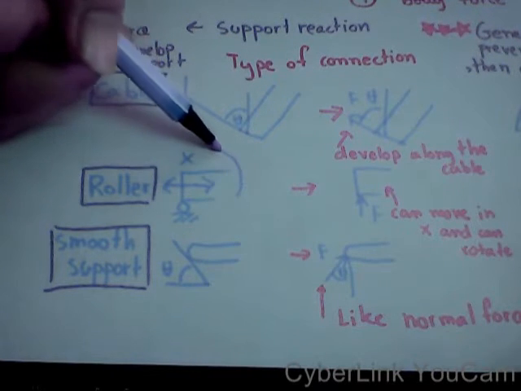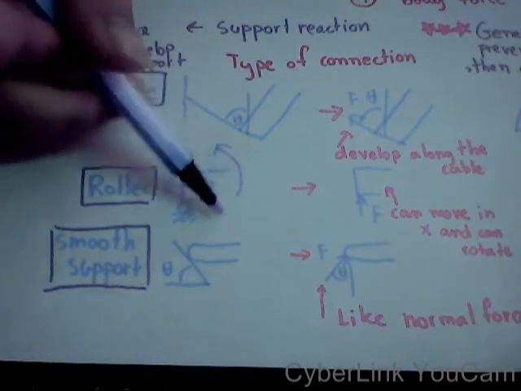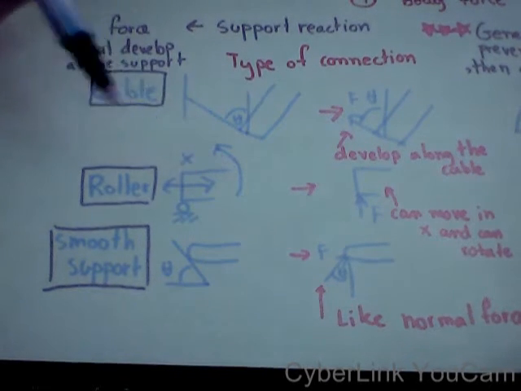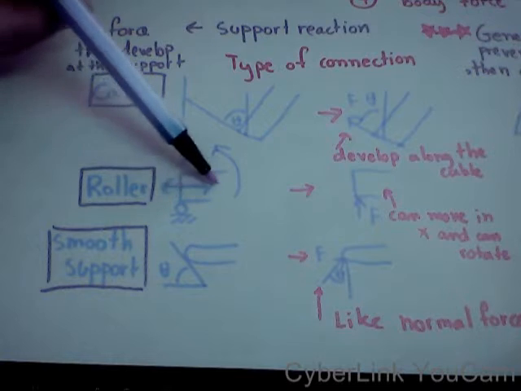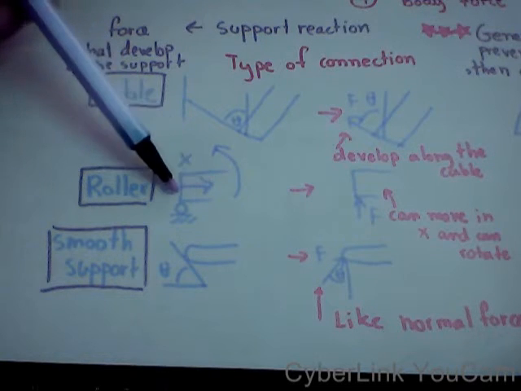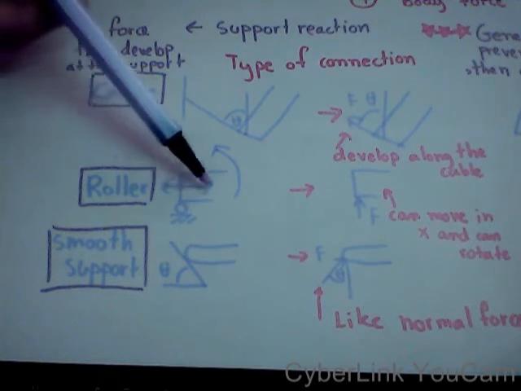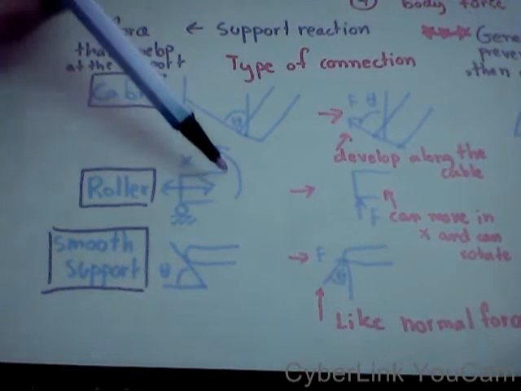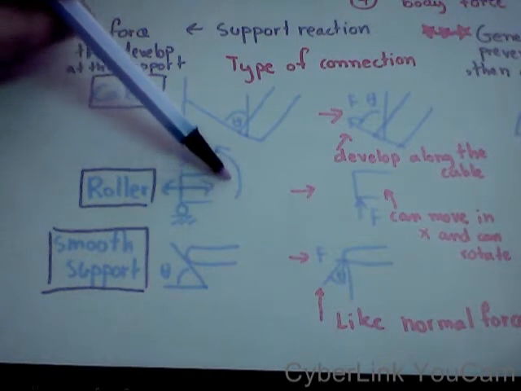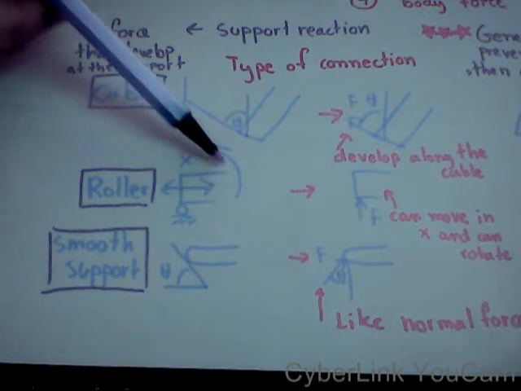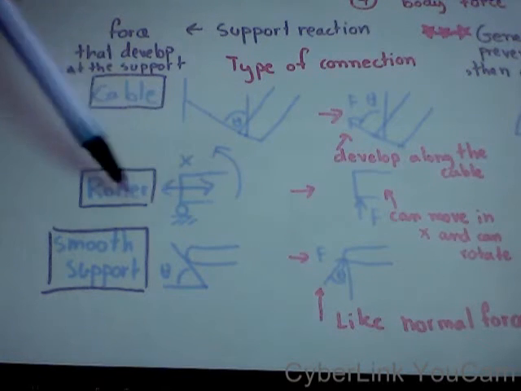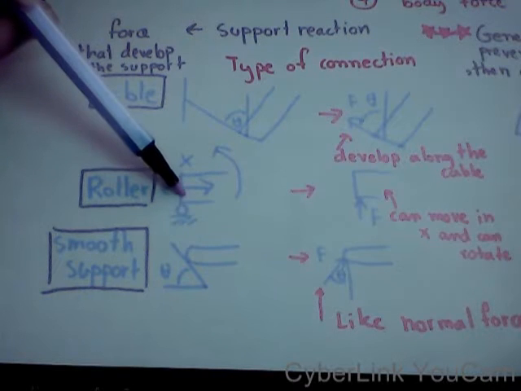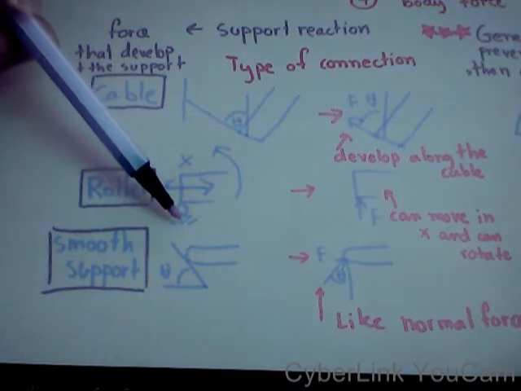You can rotate it. So if you can move along x, there is no reaction force along the x direction. If you can rotate, we don't have any couple moment. But the roller will prevent the motion along the y direction.